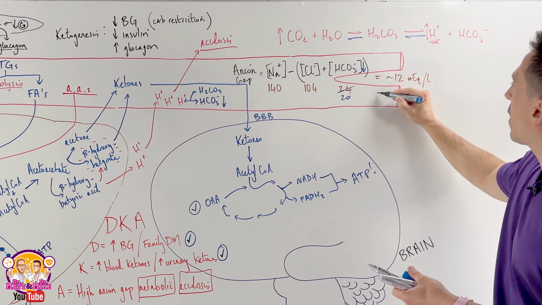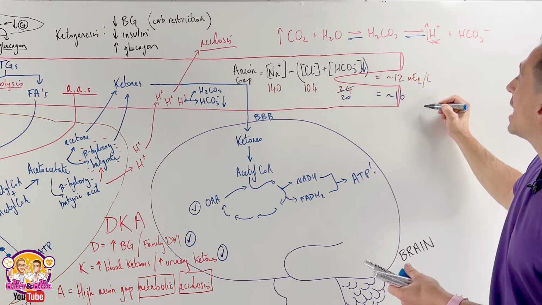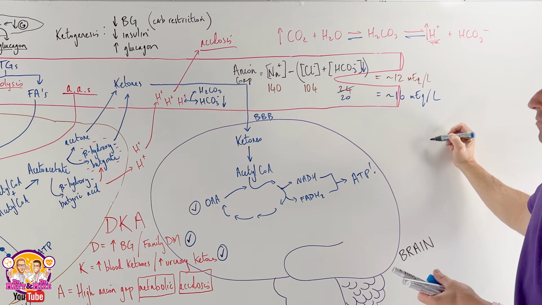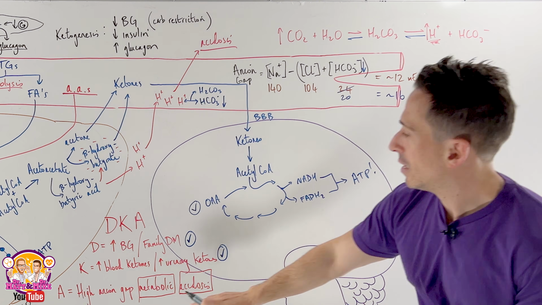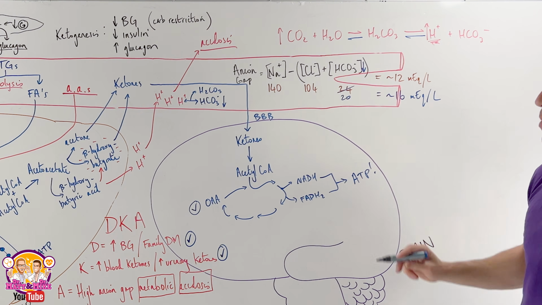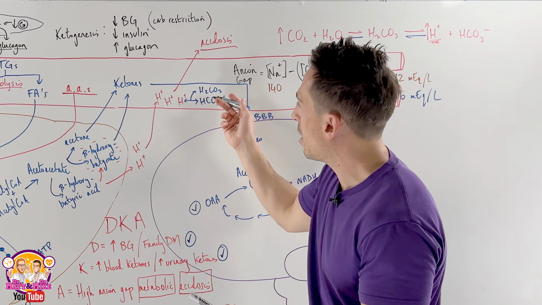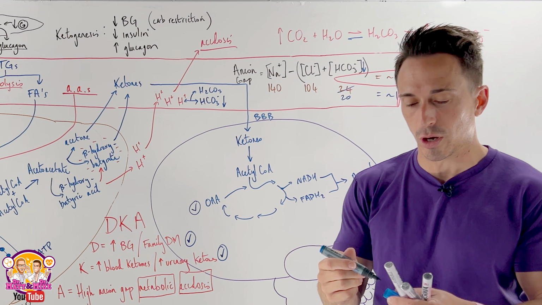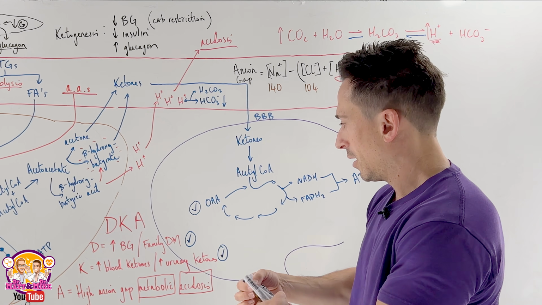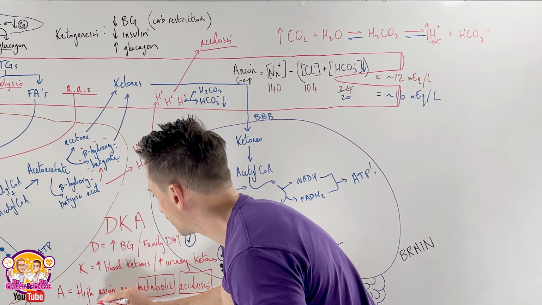So what has now happened is the gap has increased to about 16. Now, that's a high anion gap. The gap has gone up because we've lost bicarbonate. And we've lost the bicarbonate because it's bound to the hydrogen ions that have been produced. So now we've ticked the box here for the high anion gap.